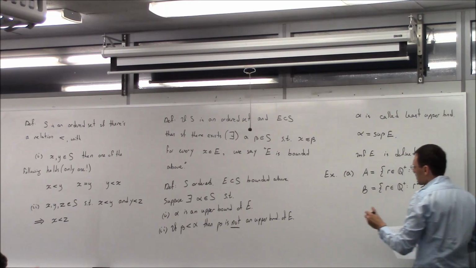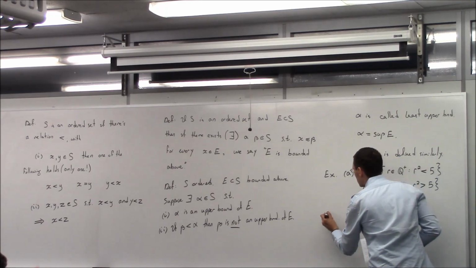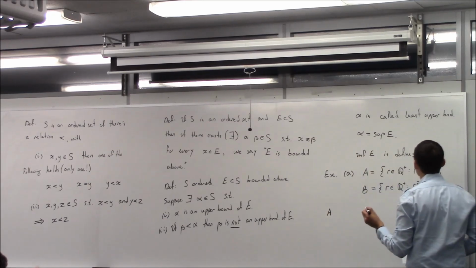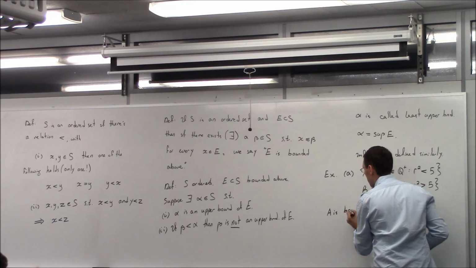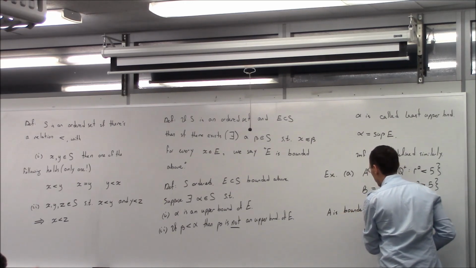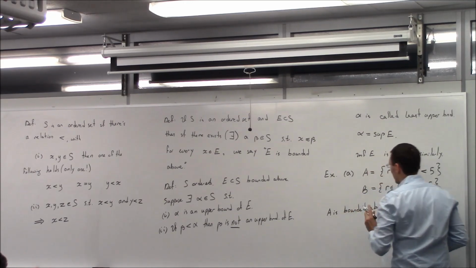So A is bounded above. What does it mean?